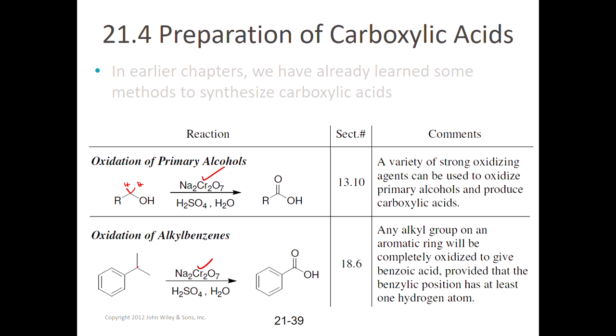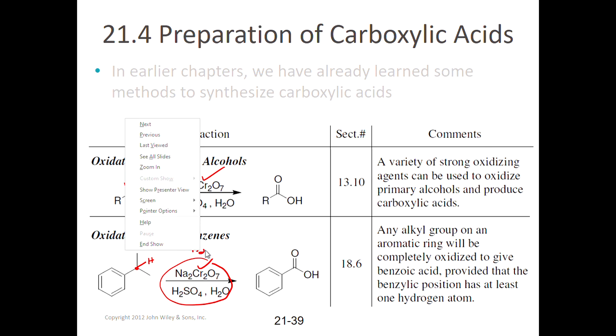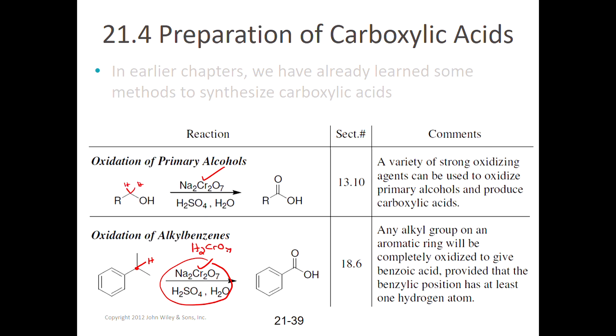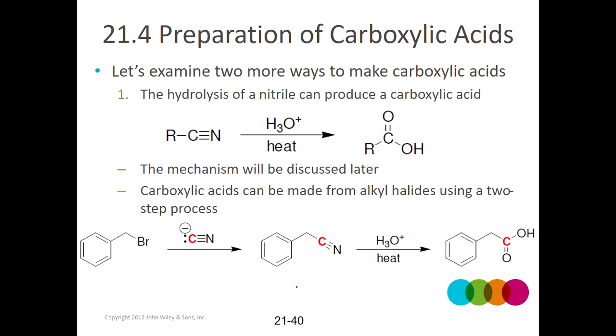We know as long as there's one proton or more at a benzylic position, that's one carbon away from a benzene ring, that same strong oxidizing agent, which I could also write as H2CrO4, chromic acid is what forms when these two react together. The chromic acid would remove that proton and the carbon groups and leave just one carbon off the ring to make a carboxylic acid there. So you want to be aware of that reaction we discussed.